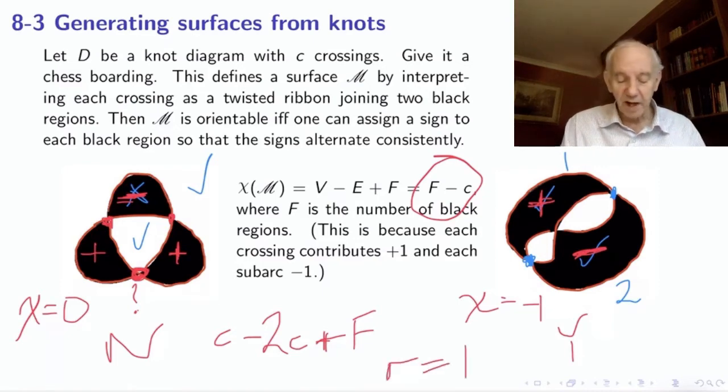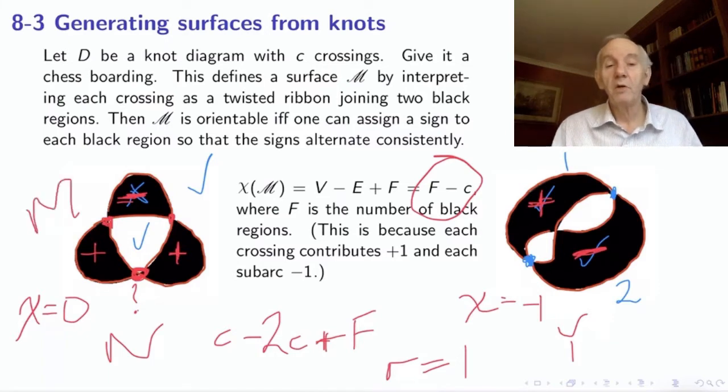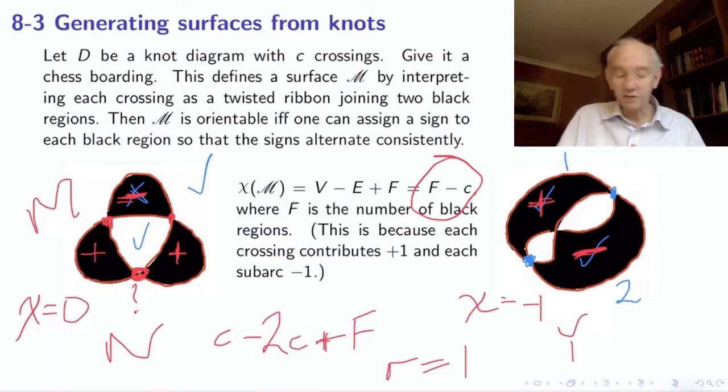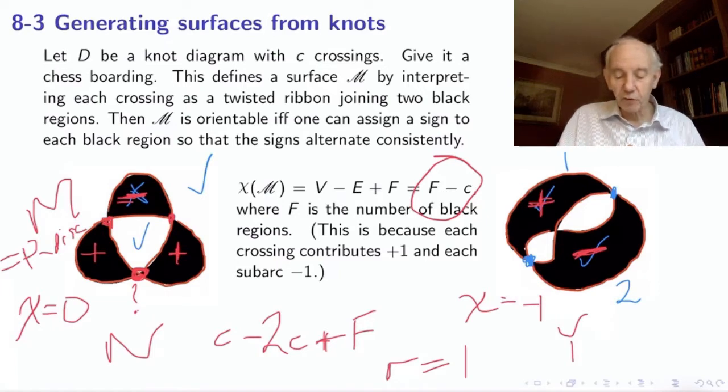So the first surface, being non-orientable, has to be the projective plane minus a disk. So actually the surface is just the Mobius band. Whereas on the right-hand side, what we have is orientable, Euler characteristic minus 1, 1 boundary component. So this has to be the torus minus an open disk.